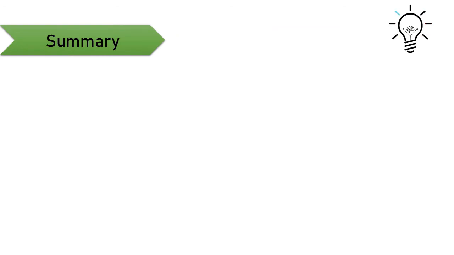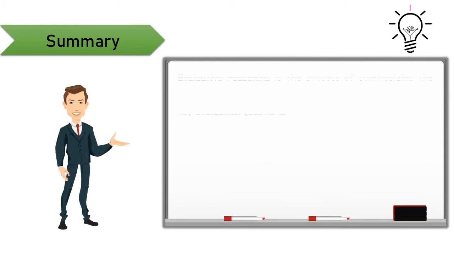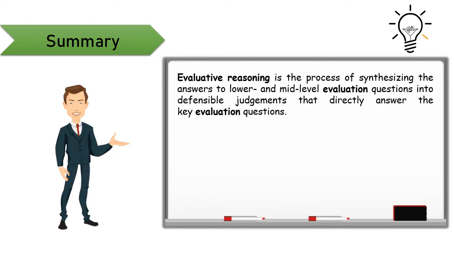So let's move on to part 6, summarize. After finishing this part of the unit, we could say that evaluative reasoning is the process of synthesizing the answers to low and mid level evaluation questions into a defensible judgment that directly answers the overall evaluation question.